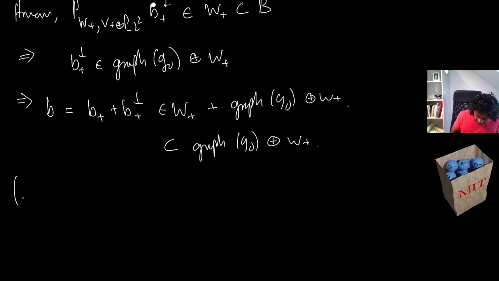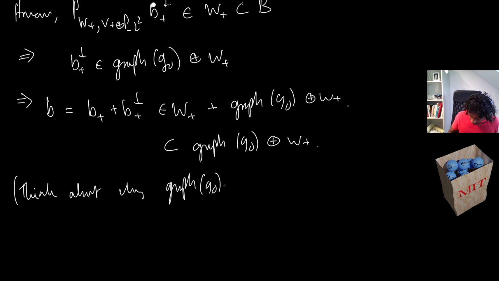Maybe I'll just leave it. Think about why graph G naught intersect W plus is empty, right? Okay.